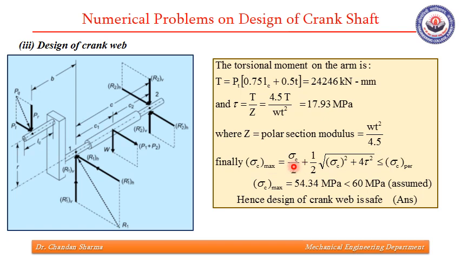Now using the maximum normal stress theory, we'll calculate sigma C max, which is given by this equation. For a safe design, it should be less than sigma C permissible. So sigma C max comes out to be 54.34 megapascal, and if we assume the maximum compressive stress as 60 megapascal for the material of the crank web, our design comes out to be safe.